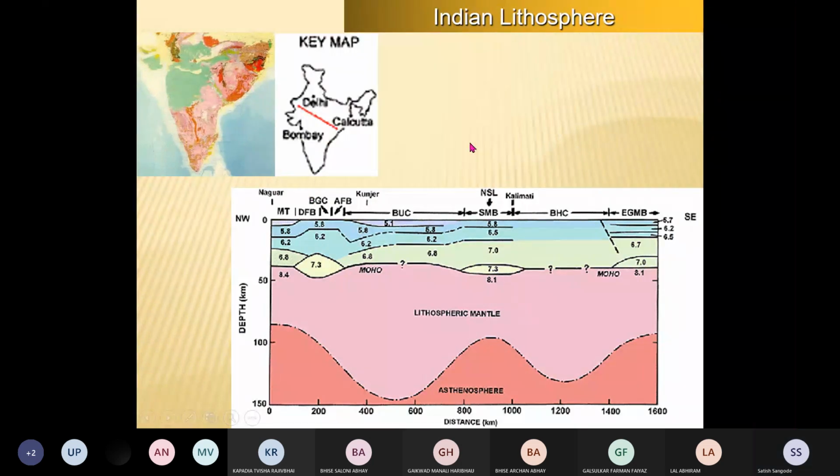Now, the surface geology has to be confirmed with the subsurface structures also. How the Craton is configured in the subsurface, that is also very important.